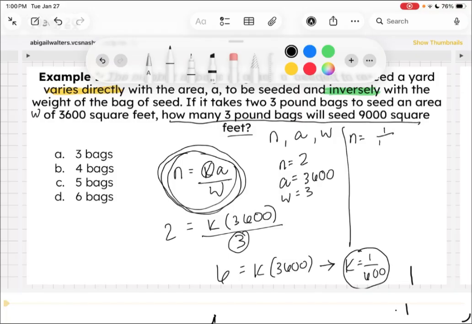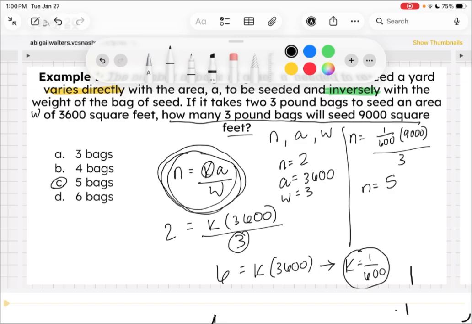K is going to be, this looks a little weird, 1 over 600 times A, the area is 9,000, divided by the weight of the bag, which is 3. When we solve that nasty equation, you could type that in your calculator, we get N is 5 bags. Sorry about the typo on that one.